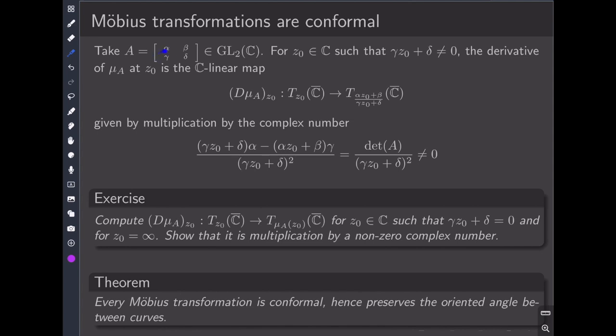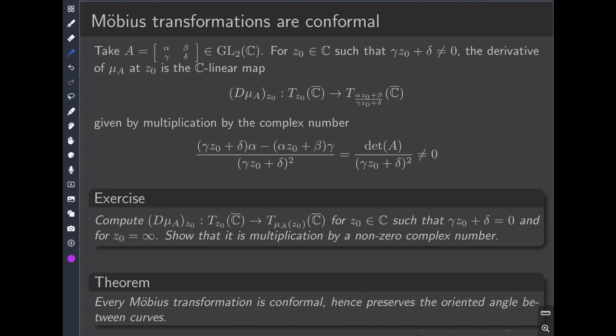If you take a Möbius transformation at a point, let's say a complex number, a point in C which is not infinity, and just let me take a point different from the point where the denominator is 0, then one can really compute the derivative as in Calc 3, as in third semester of undergrad, if not before.